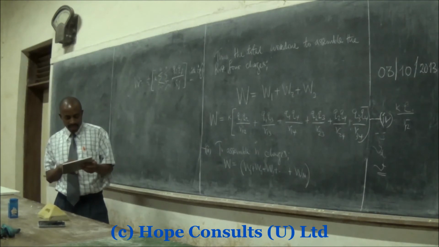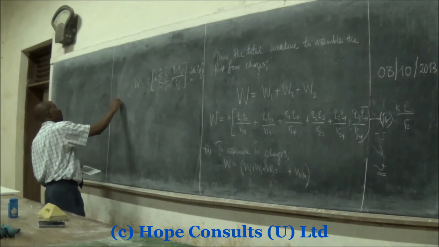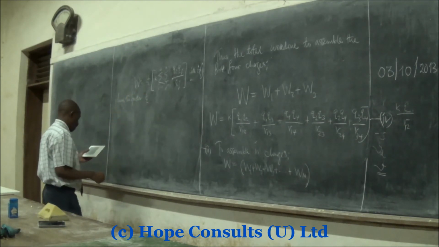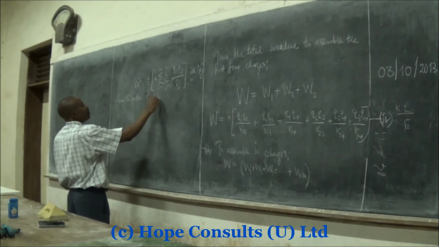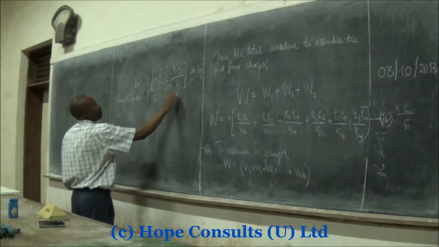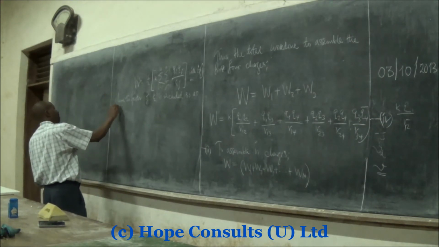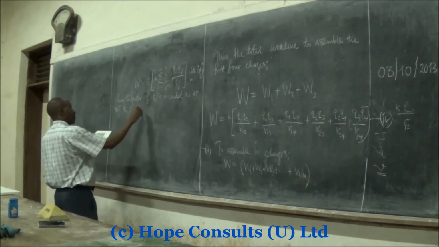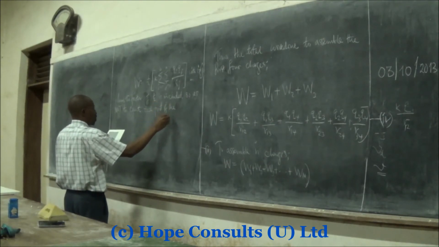And the idea behind is that the factor of a half, this one we have introduced, where the factor of a half is included so as not to count each pair of the charges twice.